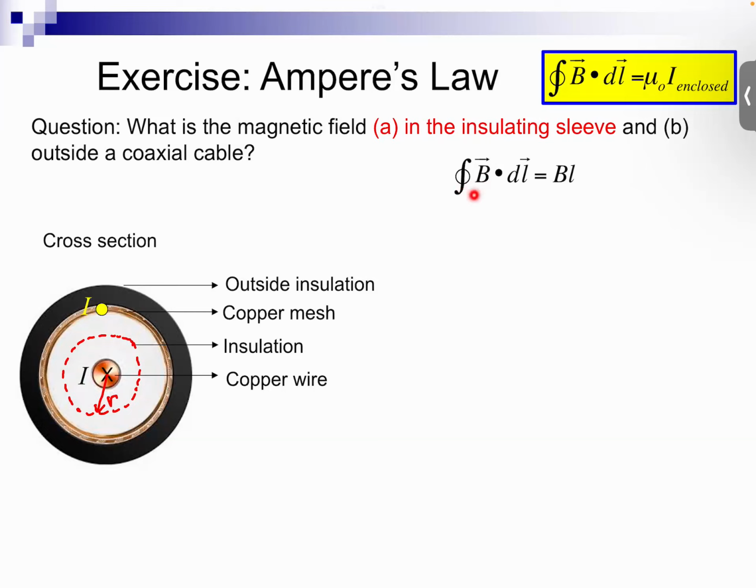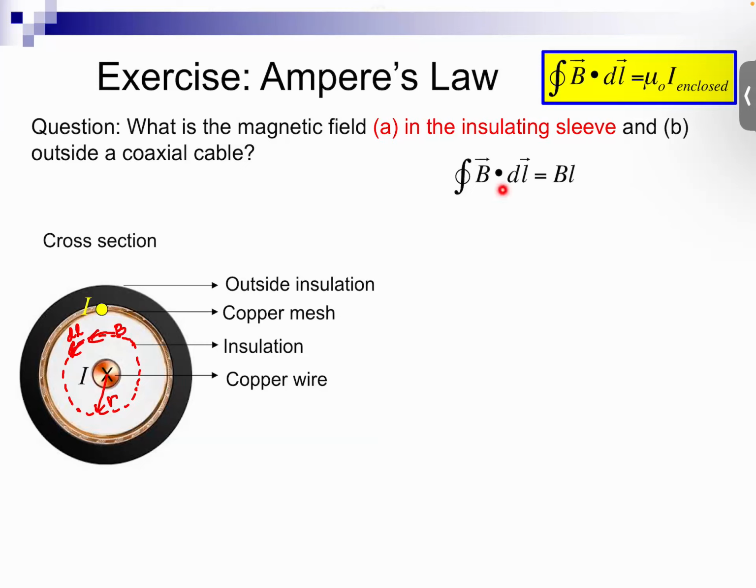Right. The integral then reduces to B times L, because if this is the dL, the small length in your integration path, it is parallel to the magnetic field created by the currents in the copper wire, right?